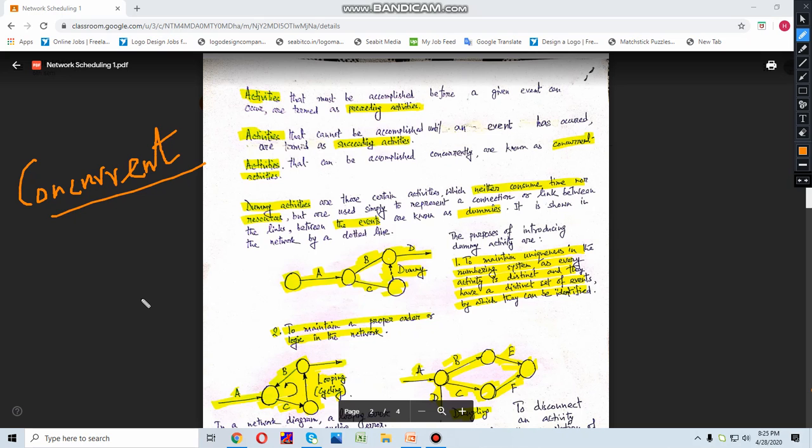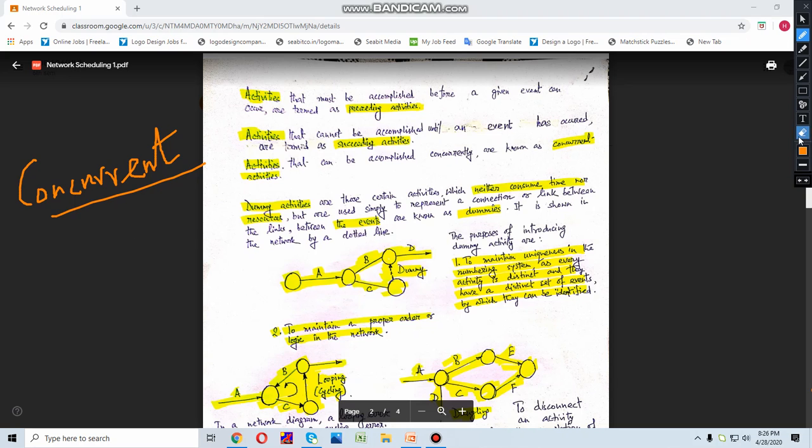So there is no such condition that you cannot move on to this activity until and unless that activity has been completed. Such a compulsion is not given here. That means the activities will be happening simultaneously. They will take place concurrently.